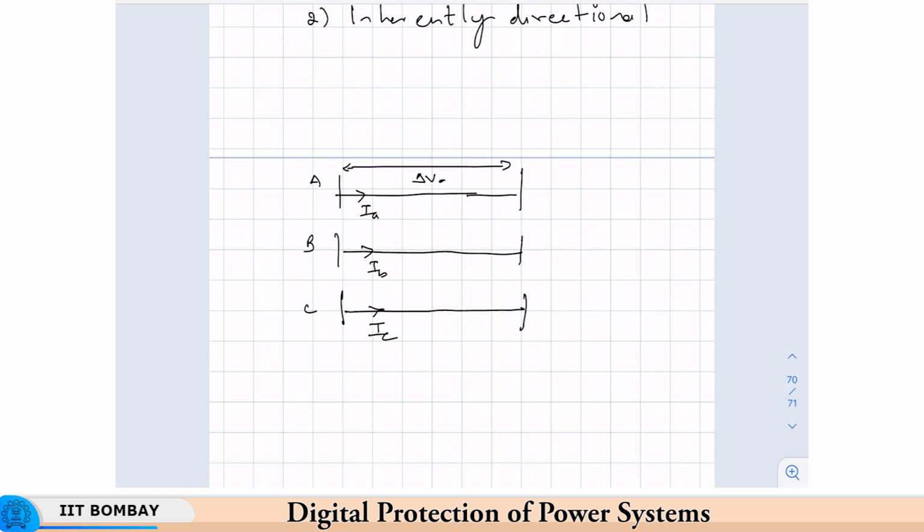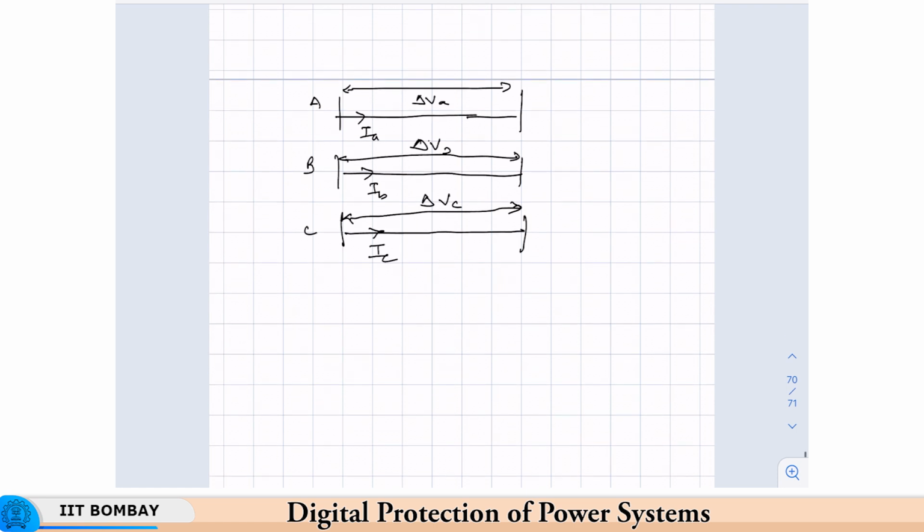What we are doing is making a few assumptions here. One is that charging is neglected. This will lead to simpler equations for us. Otherwise, we will have hyperbolic sines and cosines. Charging is neglected. Then the lines are fully transposed transmission lines.